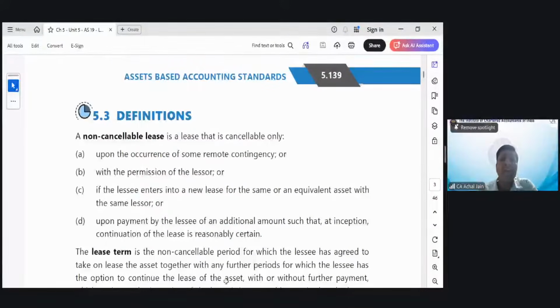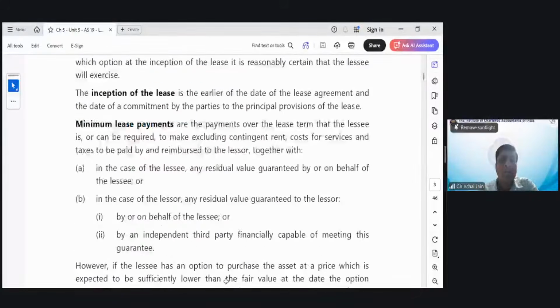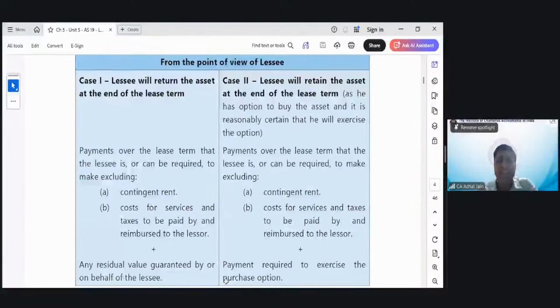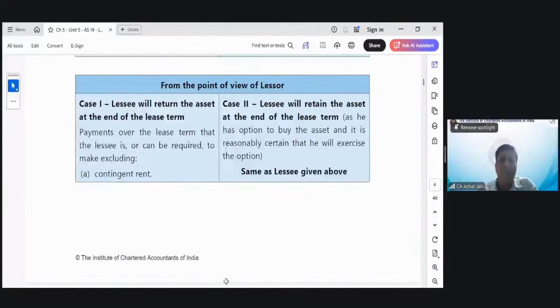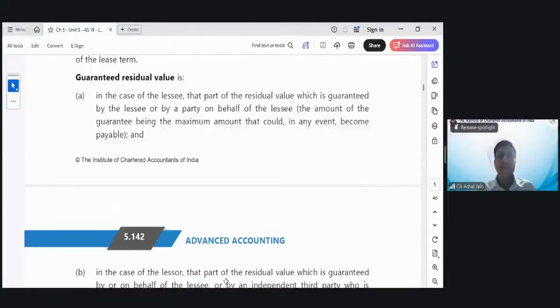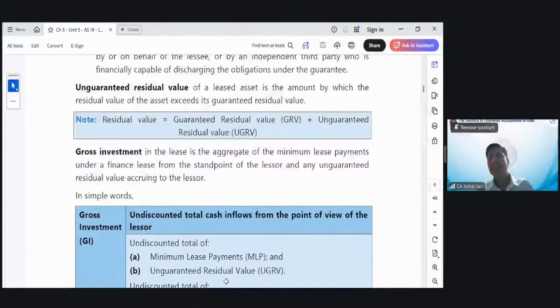First of all, let's understand what a lease is and some of the terminology around it: the lease term, the lease payments, and some aspects related to the lessee and the lessor. Once we have that clarity, we'll move on to the accounting treatment. So first I'll get on to those basic aspects related to the lease.